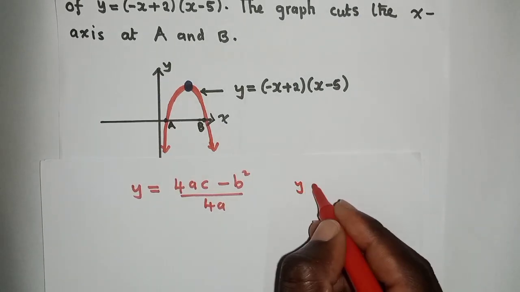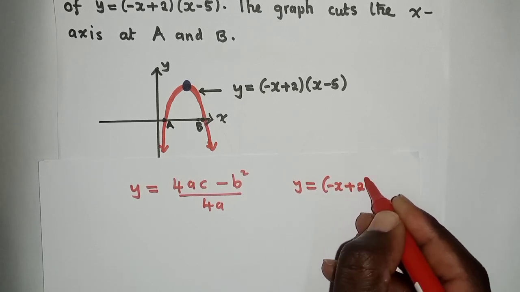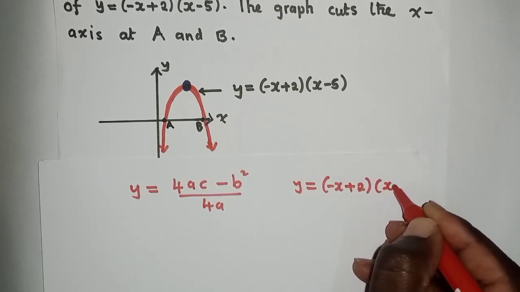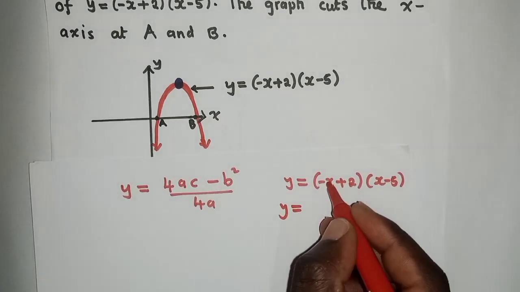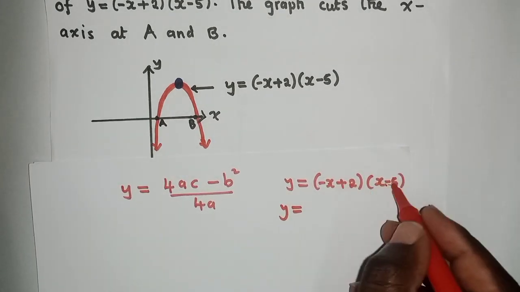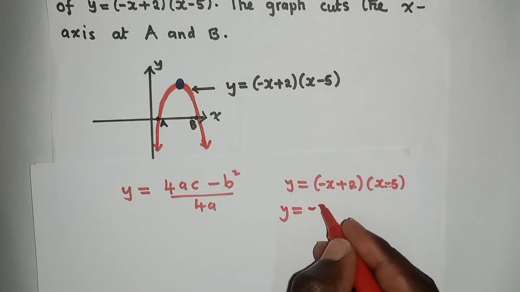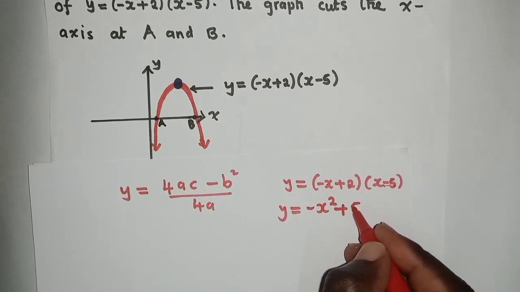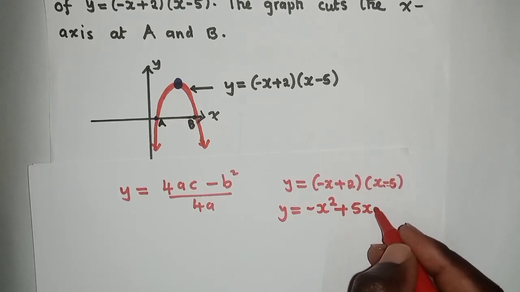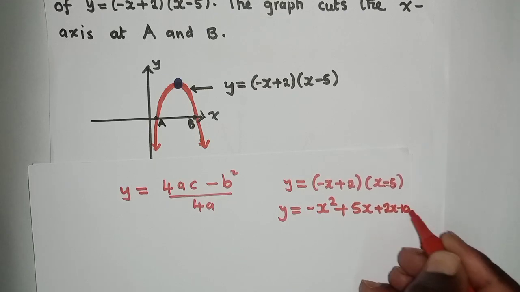Now, when we look at our function here, is it in order? No, it's not. So we can put this function in order by saying y is equal to, we must distribute. This times this will give us negative x squared. This by this, positive 5x. This by this, positive 2x minus 10.